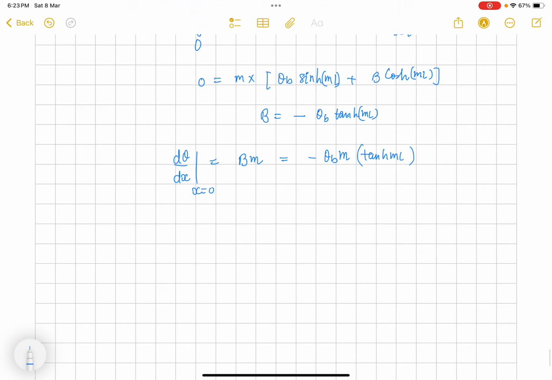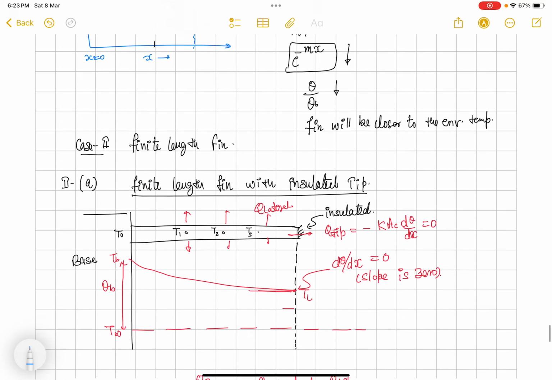Can you just observe the temperature gradient in case of finite length fin and infinite length fin, the difference? In case of infinite length fin, this term was not there, only this term was there. And for finite length fin, this extra term is appearing, tan hyperbolic ml.